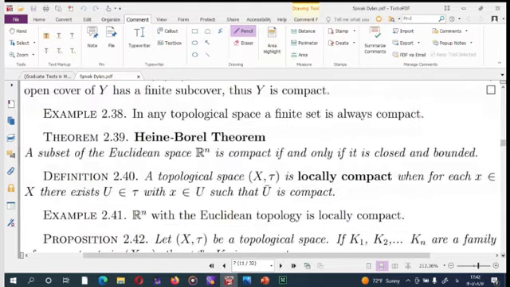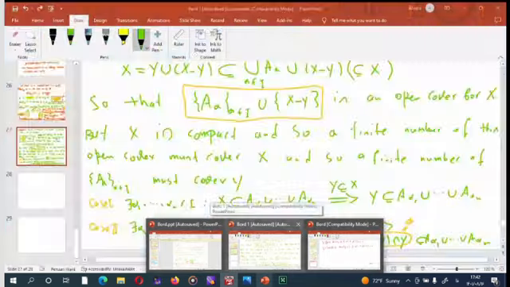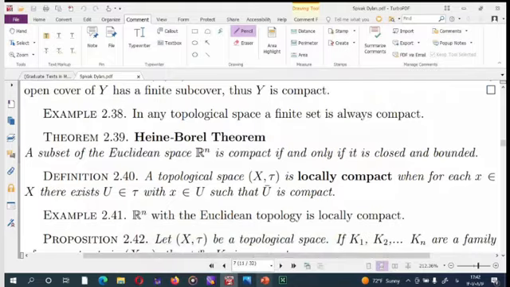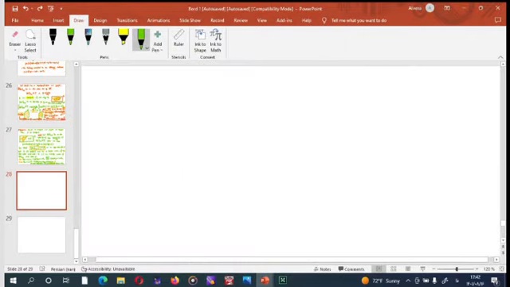And this is the proof. And we have the Heine-Borel theorem: a subset of Euclidean space Rn is compact if and only if it is closed and bounded. This is very important, and you don't see its proof, but it is very, very important.